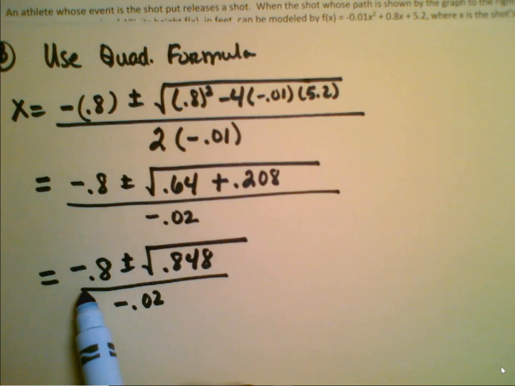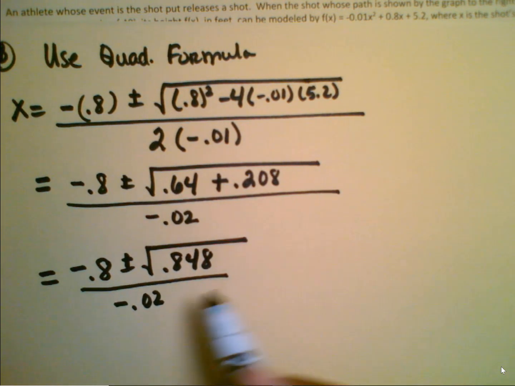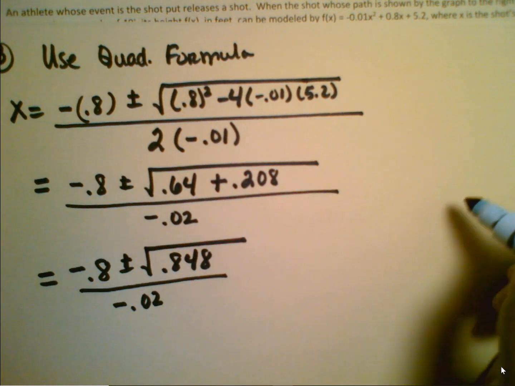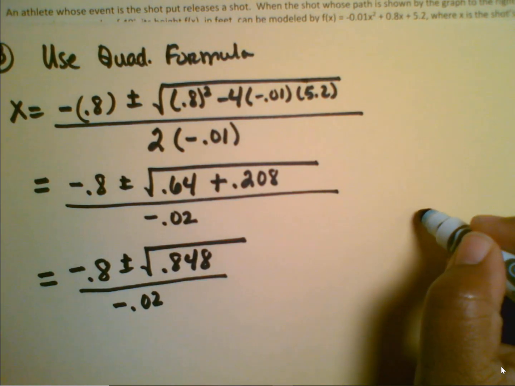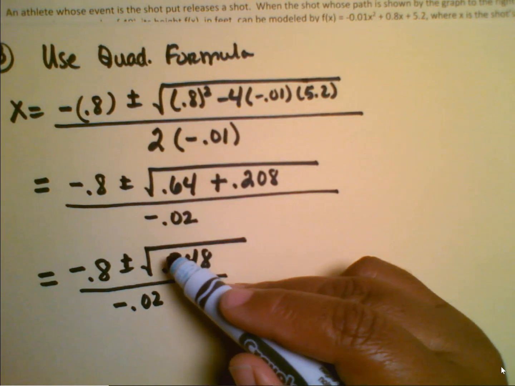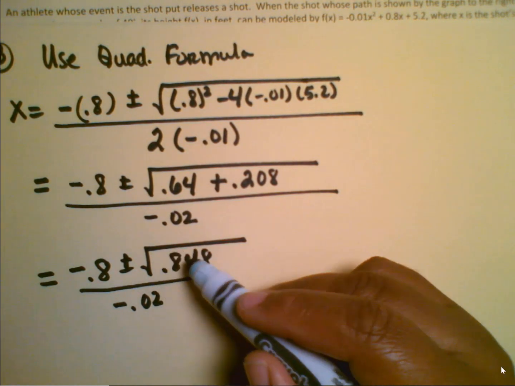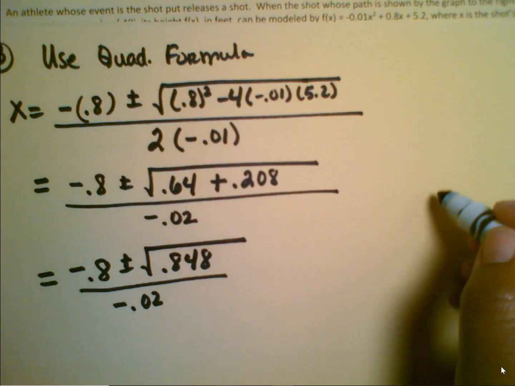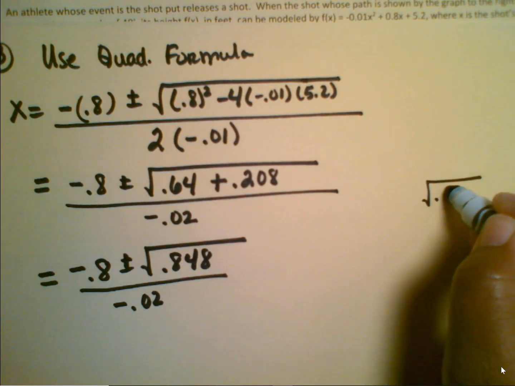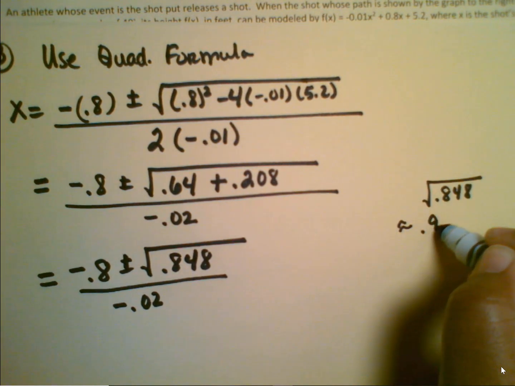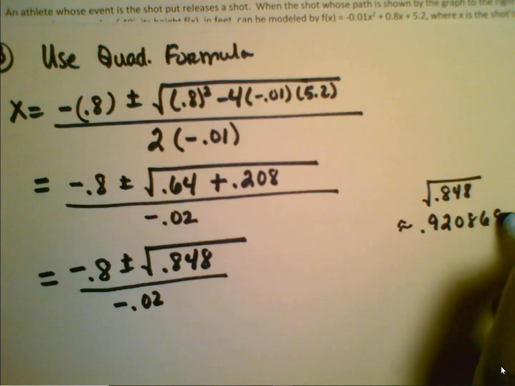So I'll leave it up to you to go ahead and work both solutions, but I'm going to give you the solutions to this example. So let's take the square root of 0.848. So it has an approximation of 0.9208691.